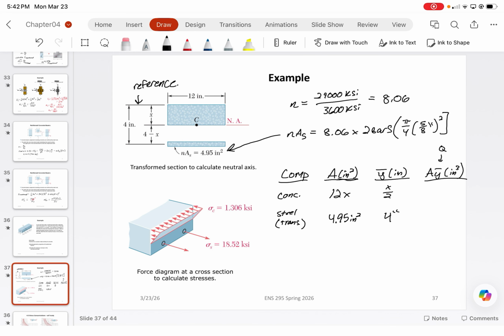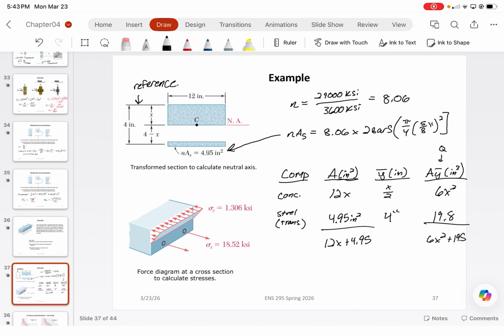All right, from here, we can calculate everything. Let me just pull up the calculator real quick. So this becomes 6x squared, and then 4.95 times 4 is just 19.8. What we get is 12x plus 4.95 is equal to 6x squared plus 19.8.